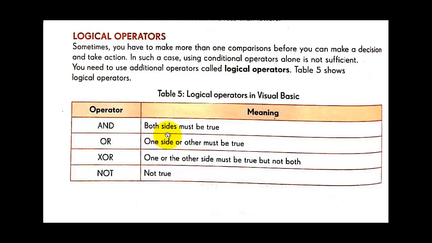Now both sides must be true. That is, condition 1 must be satisfied and condition 2 must also be satisfied. Only when both the conditions are satisfied will it return the true value if you use this AND operator.